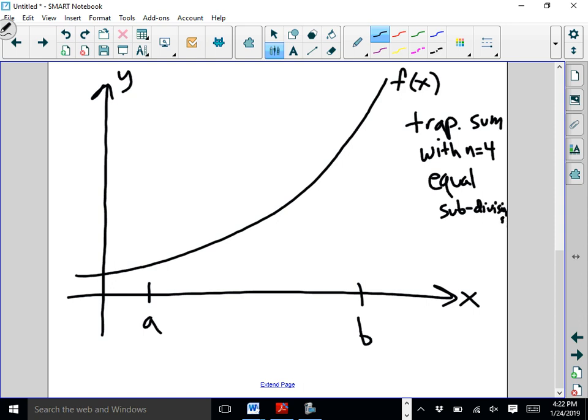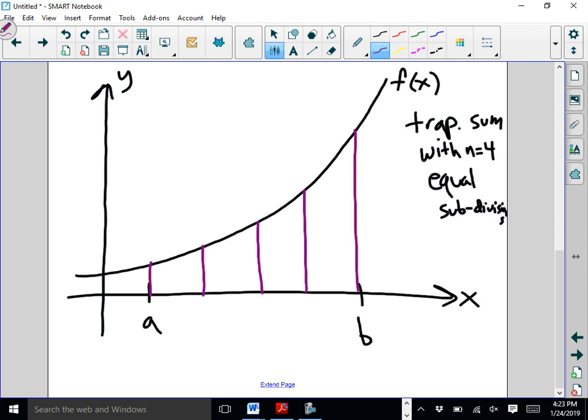I'm going to start this problem the exact same way I started left Riemann sums, right Riemann sums, and midpoint Riemann sums by putting my 4 subdivisions in there. So that one here, here, go as best I can right in the middle, and cut both of those in half. Okay.